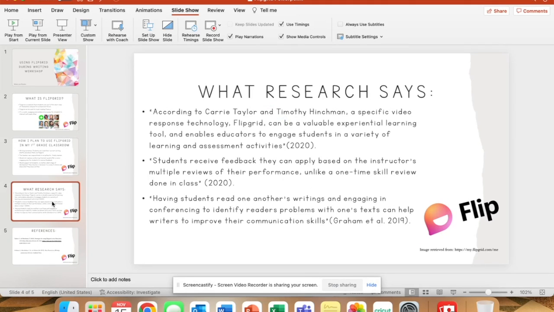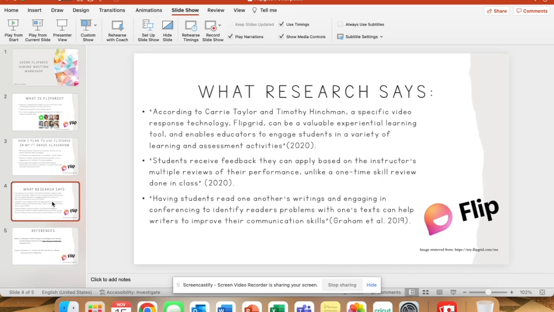There is lots of research out there about using technology in the classroom, but there's not a whole bunch of research on FlipGrid itself. But I was able to find a lot of what research said about using these types of technology tools during writing.